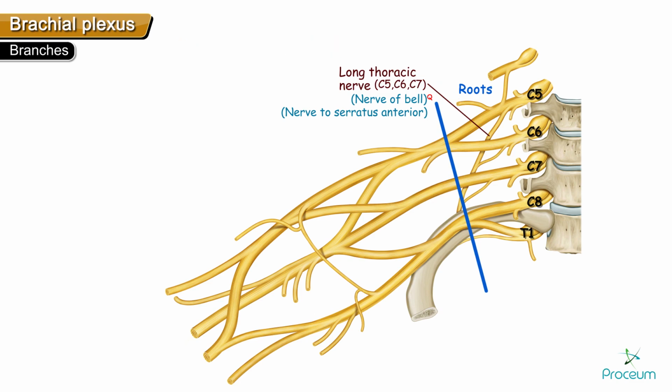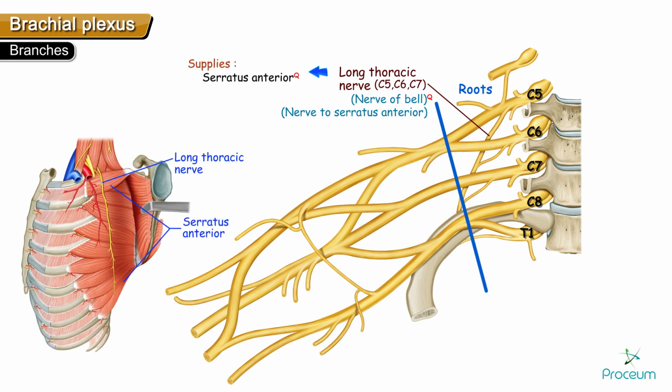Long thoracic nerve, also called nerve of Bell or nerve to serratus anterior, comes from the roots C5, C6 and C7 of the brachial plexus. It supplies serratus anterior. Serratus anterior muscle is inserted on the costal surface of the medial border of scapula.